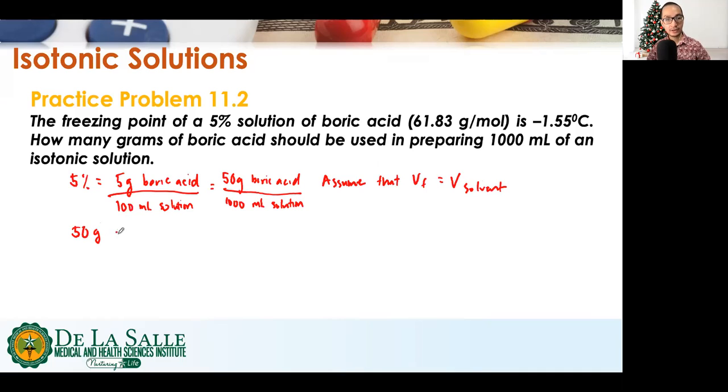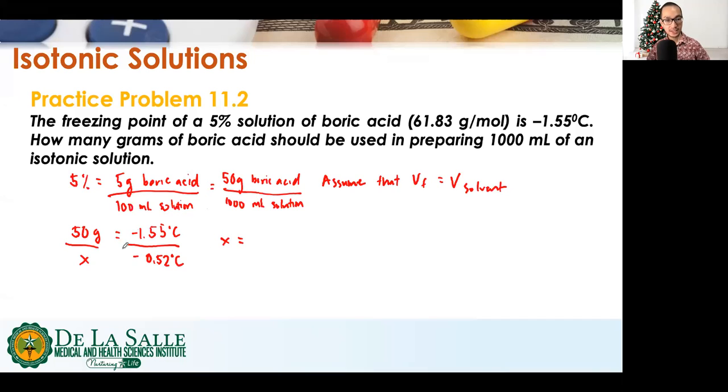According to this problem, it has a freezing point of negative 1.55 degrees Celsius. We would like to know the amount of boric acid that will make an isotonic solution, meaning a solution with a freezing point of negative 0.52 degrees Celsius.